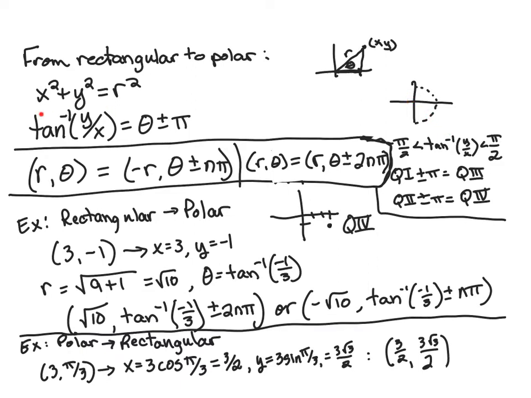If you do the inverse tangent in your calculator and you get the angle is minus whatever, you're going to add pi to that to be in quadrant 2, because the calculator is only going to give you these two. You're smarter than your calculator, okay? If your point's in quadrant 3, the calculator will give you quadrant 1. You have to go pi units around. So keep this in mind right here, that you know what quadrant you're supposed to be in, and you have to do the required adjustments.